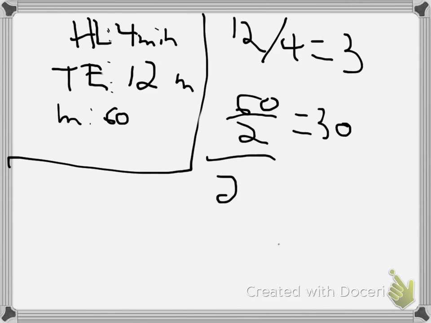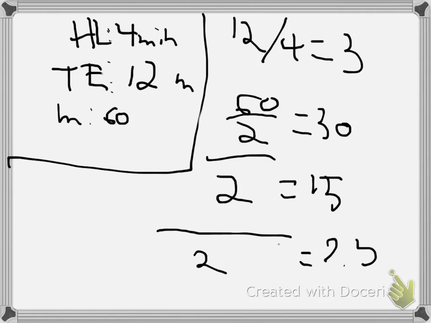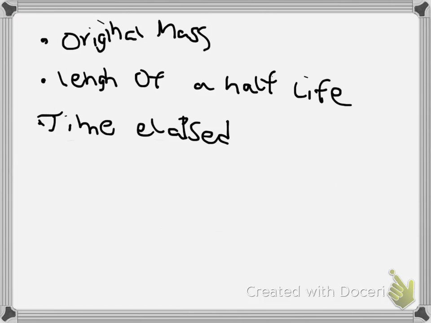Divided by 2 again is 15. And divided by 2 a third time is 7.5. That means that we have 7.5 grams left, assuming this was in grams. If we assume we have 3 half-lives, we're going to have 7.5 grams left.